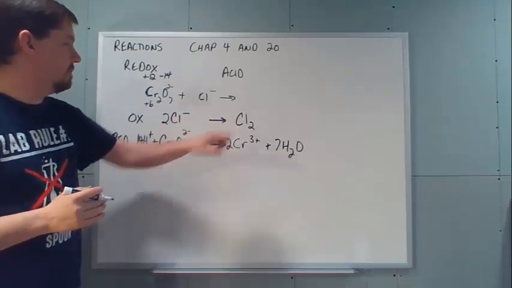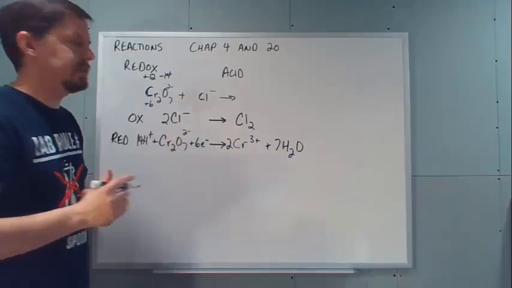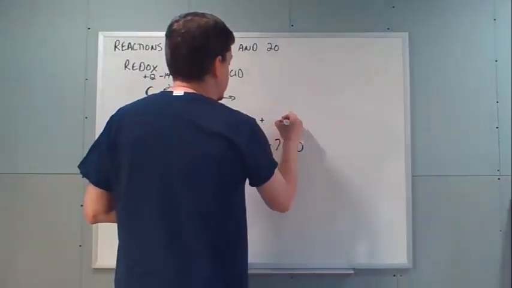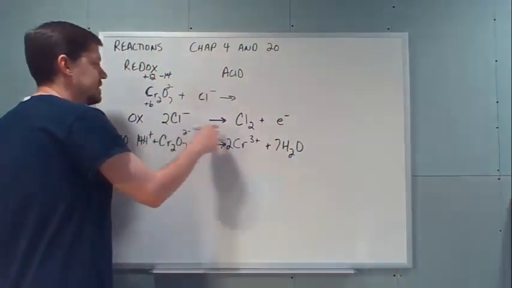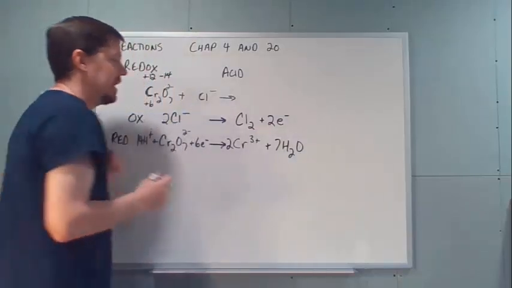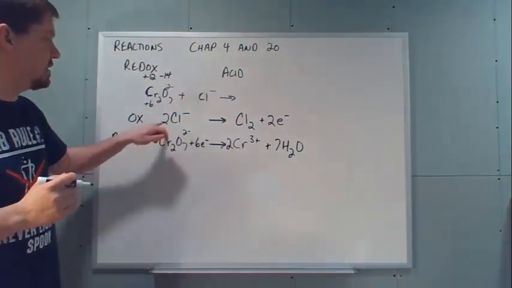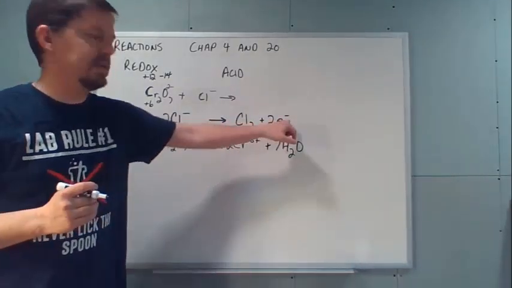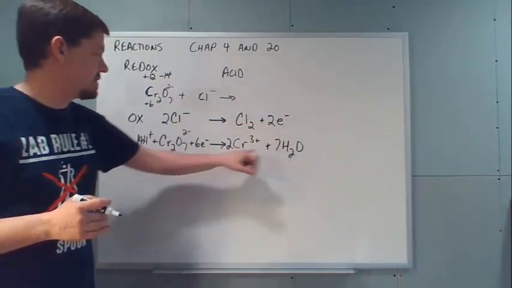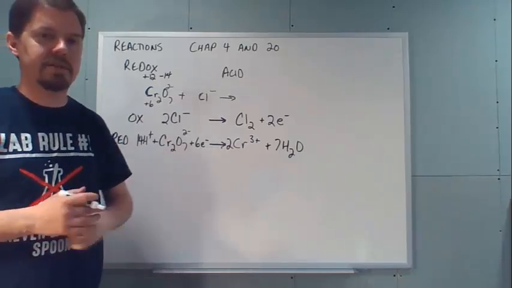And each one is going to have to lose an electron to do this. So each one's going to lose an electron, but since I'm doing it twice, I'm going to have to lose 2 electrons. Okay, so this process gives me 2 electrons every time I do it. This process requires 6 electrons every time I do it.